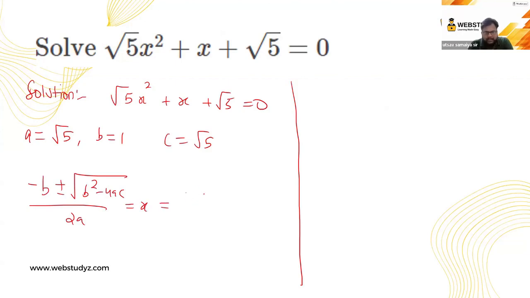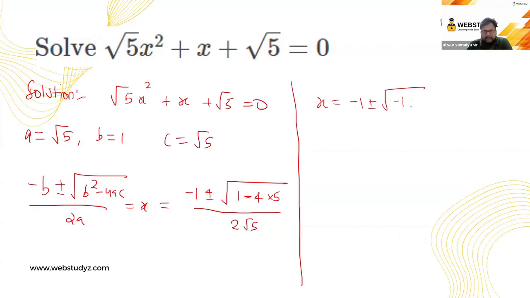So it is going to be minus 1 plus minus square root of b square, that is 1, minus 4ac, upon 2 root 5. So here if we see, we are getting minus 1 plus minus square root of minus 19 by 2 root 5.